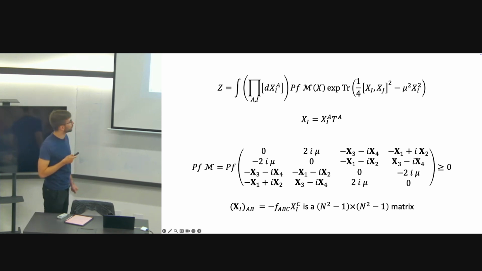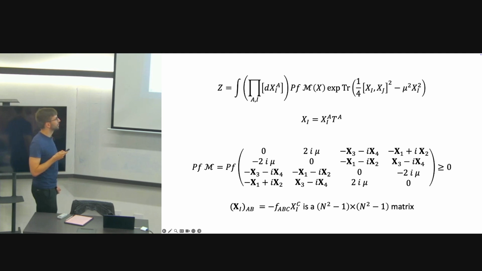Now, let me be more specific. What is the Pfaffian? First, let me expand the matrices into SU(N) generators in the fundamental representation. So there will be N squared minus 1 components for each I. And now I can write x not in the fundamental as I did here, but I can rewrite it in the adjoint representation, which means that the components are given by the structure constants.